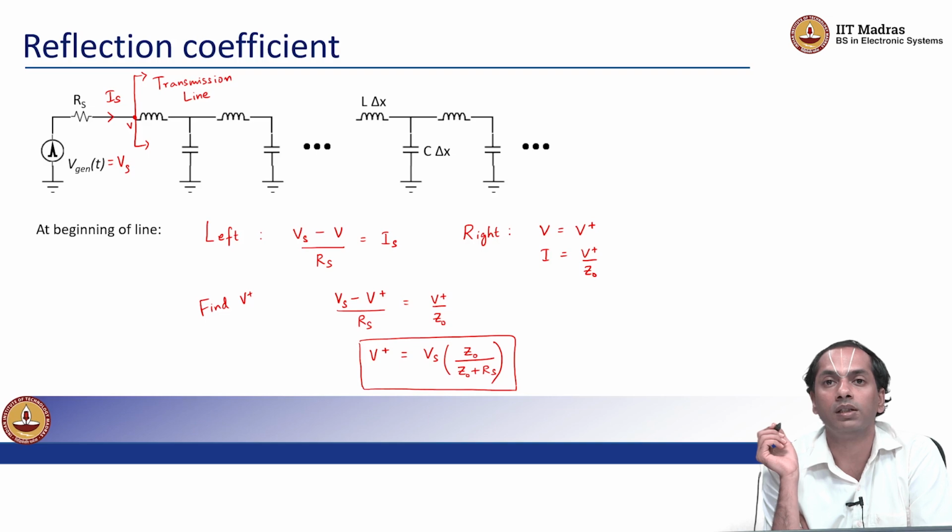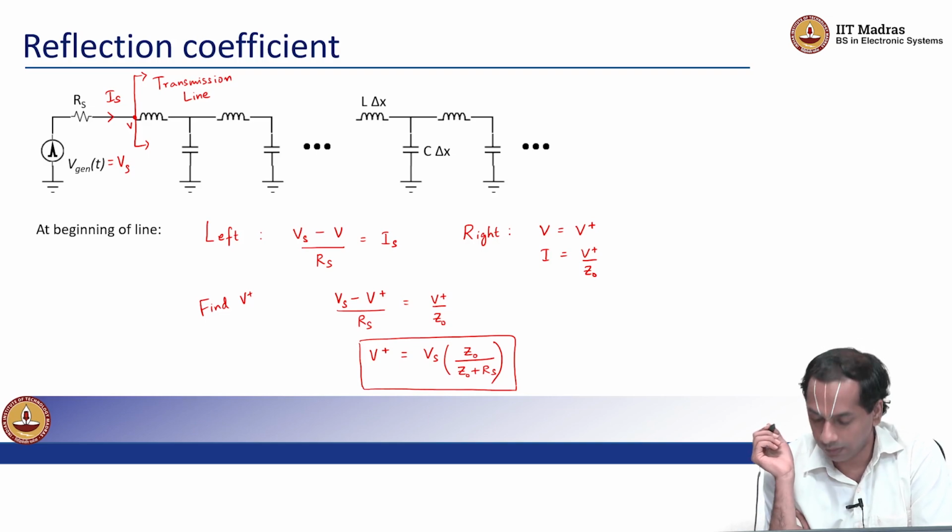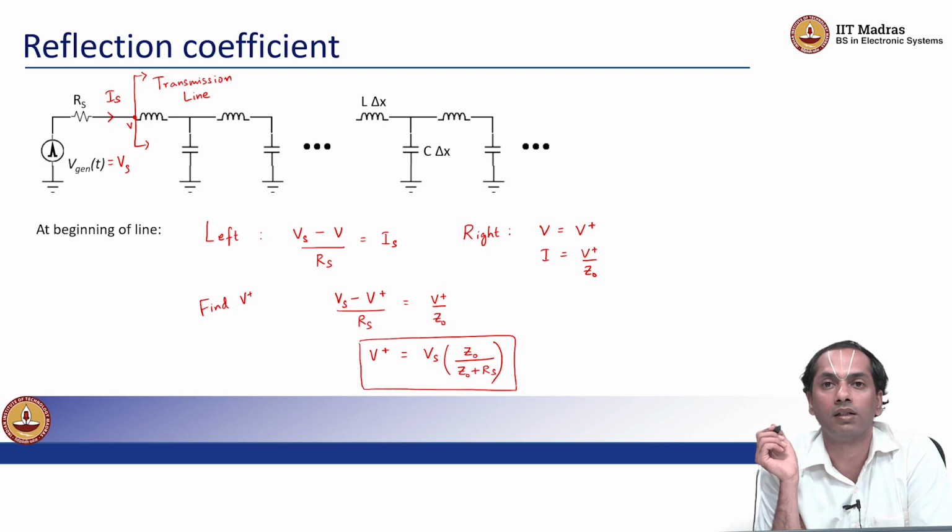Okay, so if Rs were equal to Z0, then we essentially see that V plus is Vs by 2, right. So, only half the voltage goes onto the transmission line.